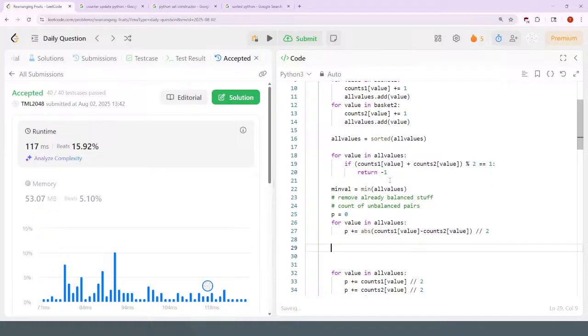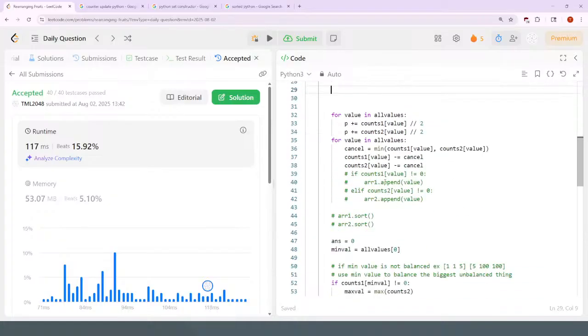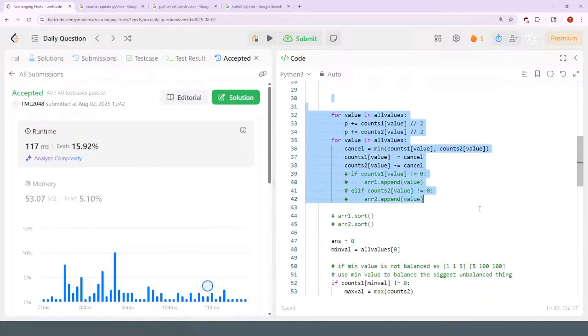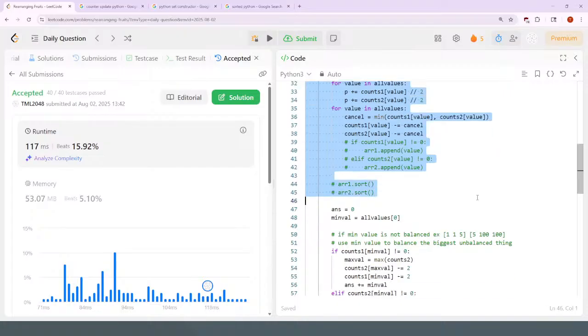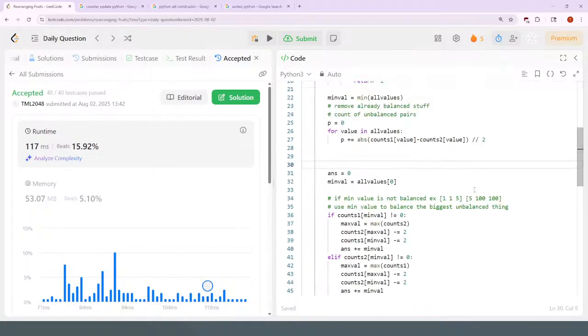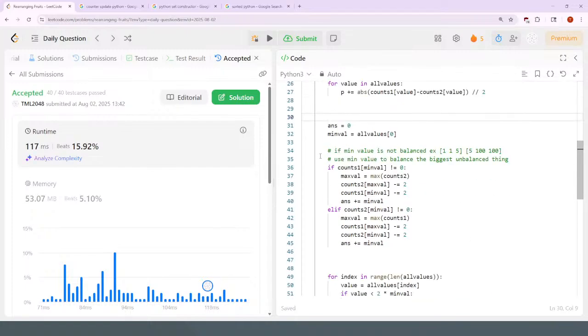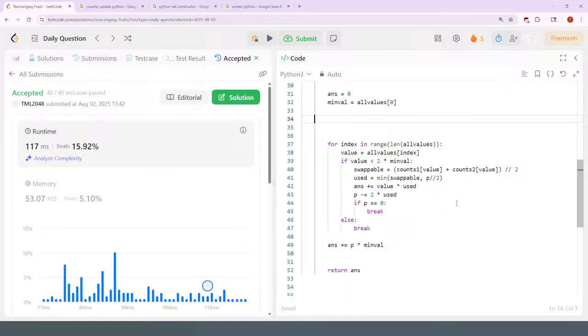And then I iterate again with just the cancellation. So it's a little greedy in terms of just removing stuff, hoping it works, but I don't think I even need this.